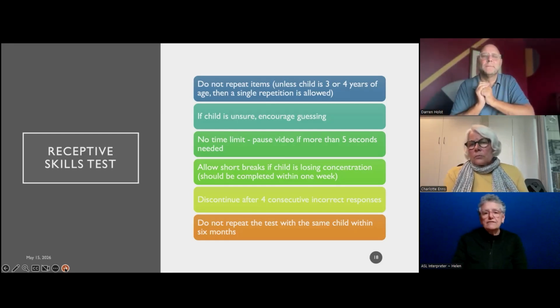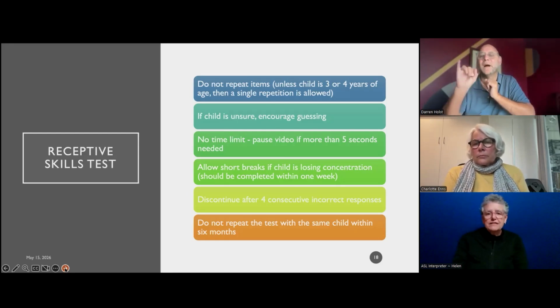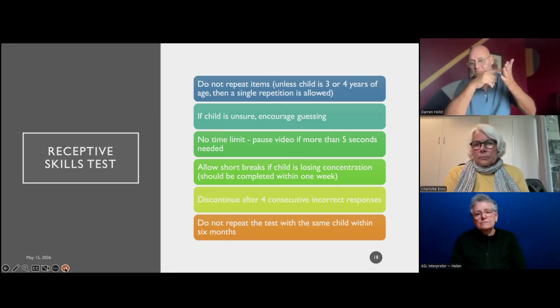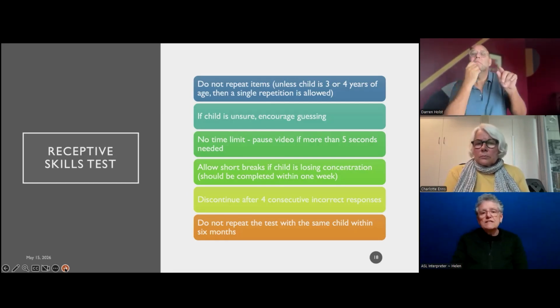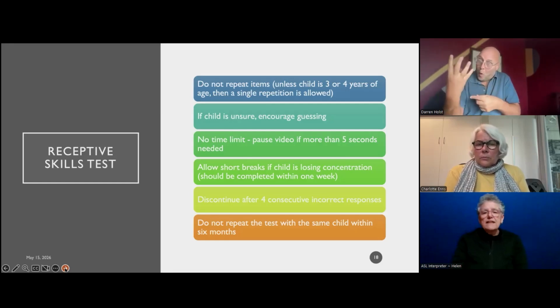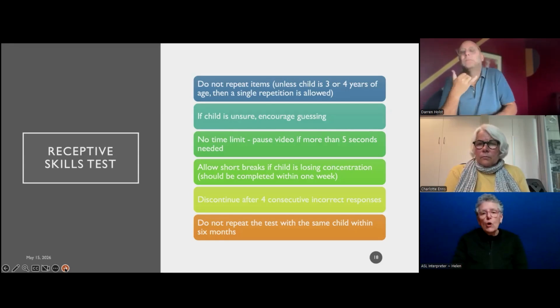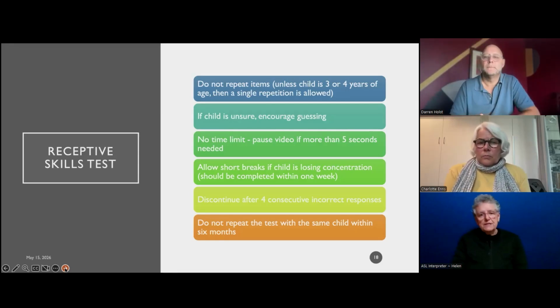You don't want a lot of time to lapse between the first part of the test and the second part. If they get 4 in a row correct, and then they start making mistakes repeatedly, you would stop the test. If they get 1 right and then 2 wrong and then 1 right, that's fine. But if they get 4 in a row incorrect, then you would stop the test.